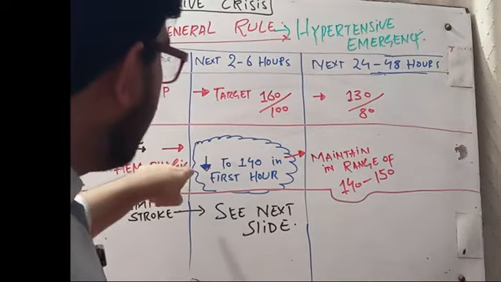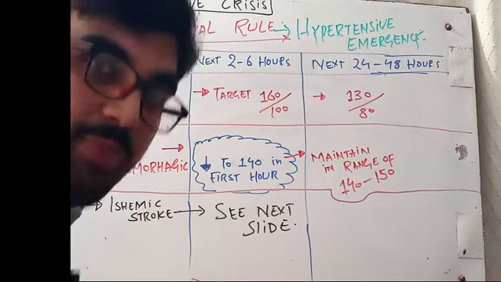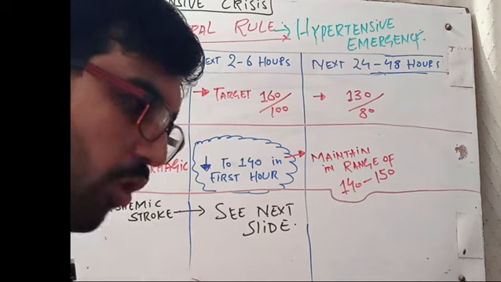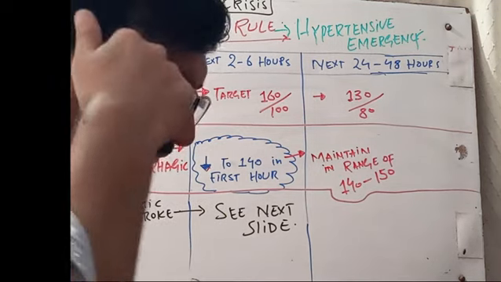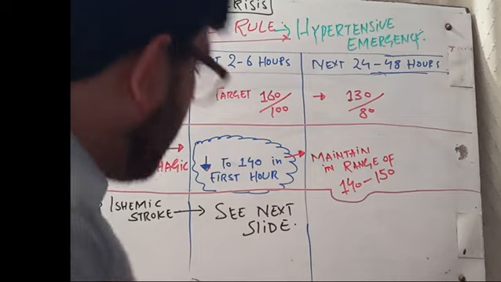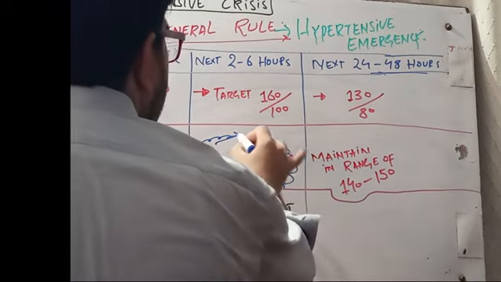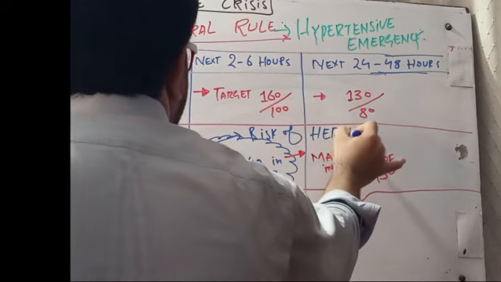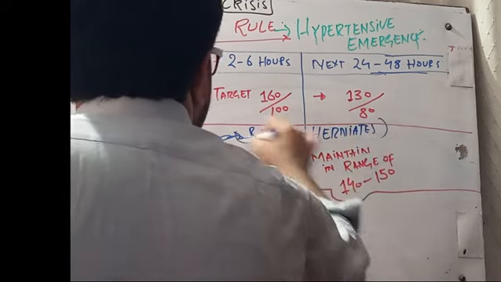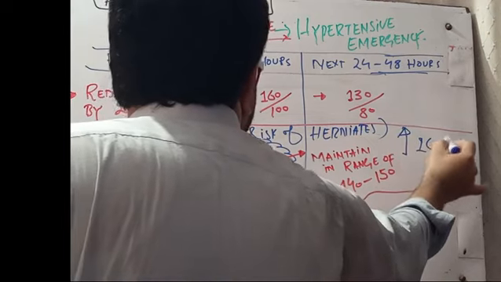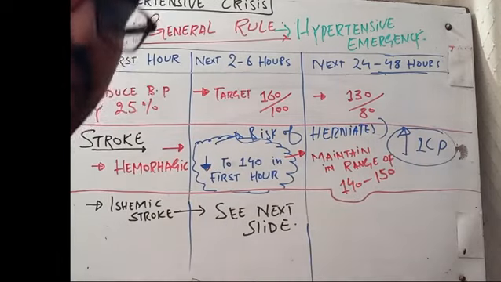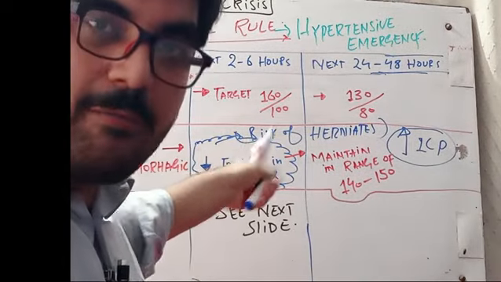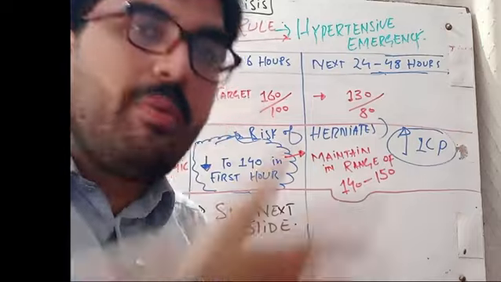Because if there is hemorrhage inside the brain and you are not lowering the BP, there is the chance of extravasation of more blood in the brain, and there is risk of herniation. The brain herniates when there is raised intracranial pressure, when there is intracranial hemorrhage and you are not lowering the BP to this range in the first hour, so there is an expanding hematoma in the brain.